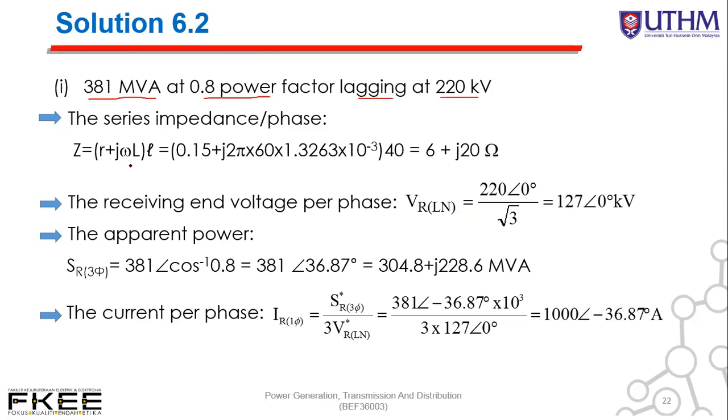Simply, we can find the series impedance Z equal to R plus j omega L, where L is the line length, 40 kilometers here. L is given by 1.3263 millihenry per kilometer, R equal to 0.15 ohm per kilometer. So we got Z equal to R plus j20 ohm.